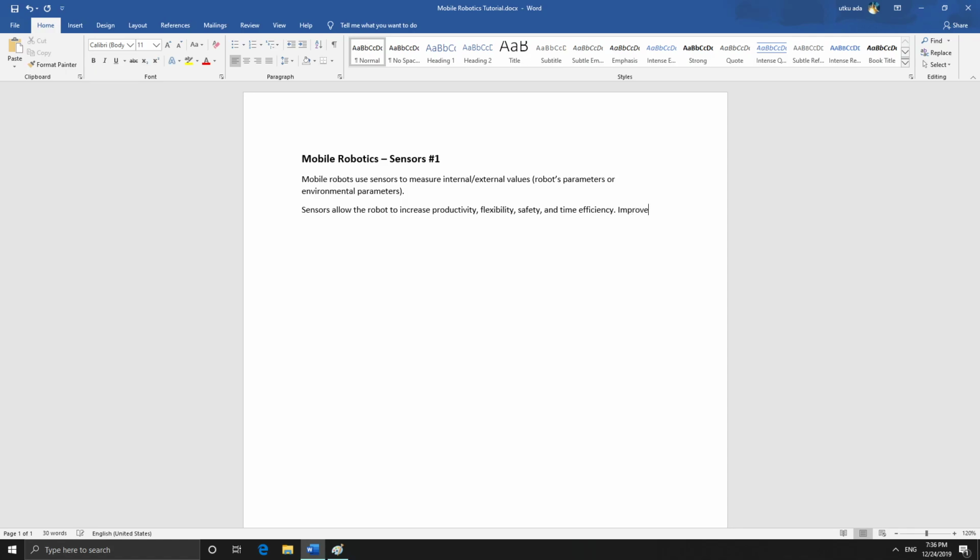Improving these sensors improves all of these aspects for the robot.